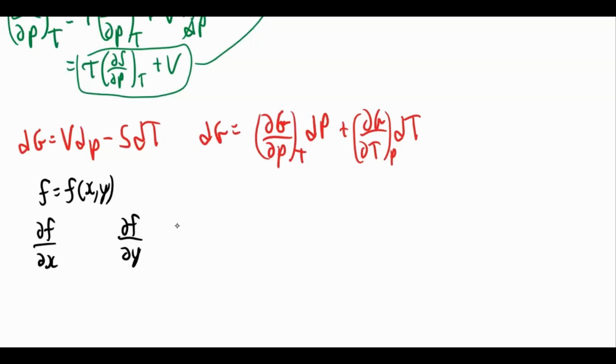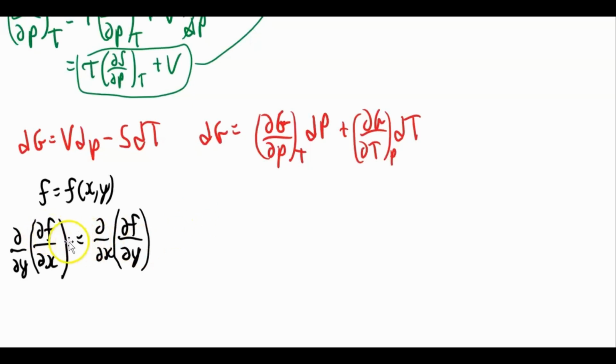Now, see this derivative of f with respect to x? Well, if we were to take its partial derivative with respect to y, so the partial derivative of that whole thing, I don't need the square brackets, so I'll lose them. That's equal to the partial derivative of this with respect to x.